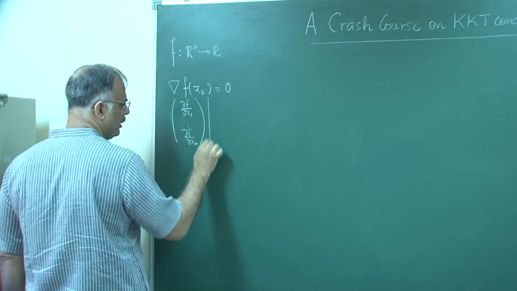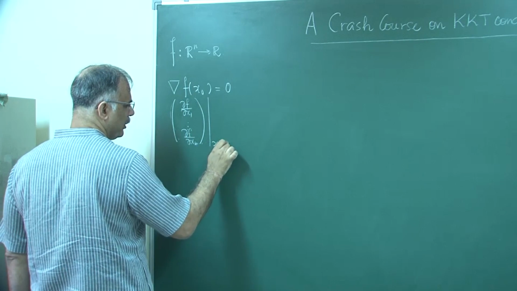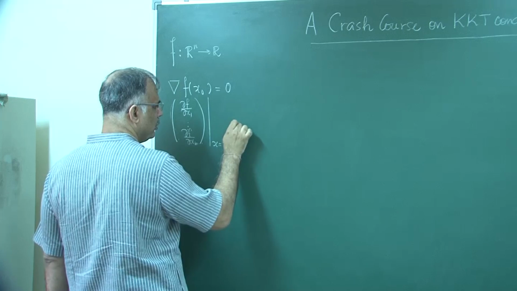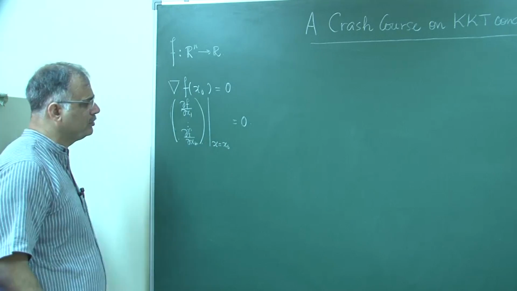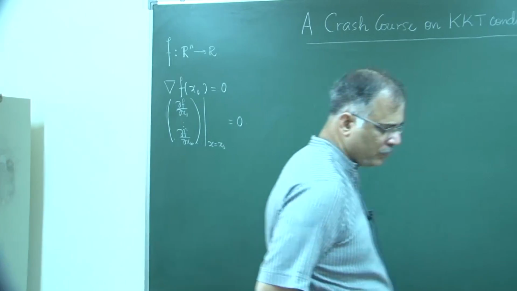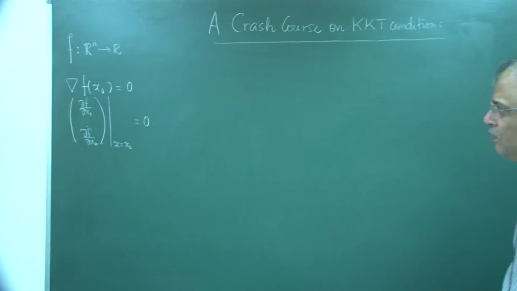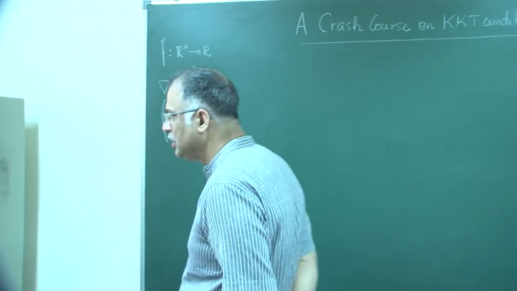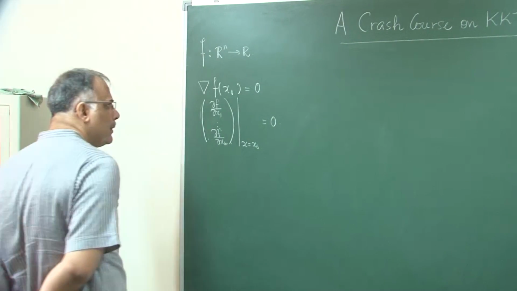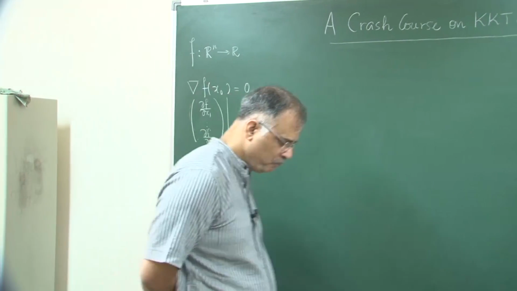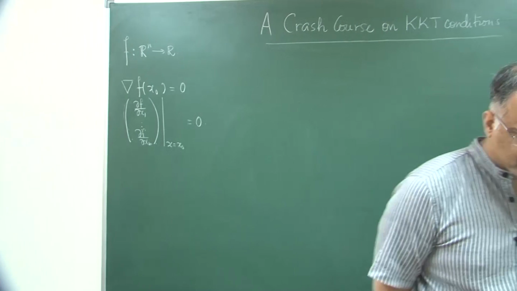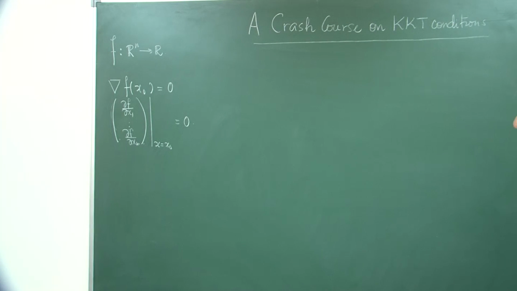If I calculate them at the vectorial point x equal to x naught, that should give me the 0 vector. So find such a point x naught, that is all. But once I find a point x naught, I do not have much option, and I cannot say that x naught is a minimizer or a maximizer.